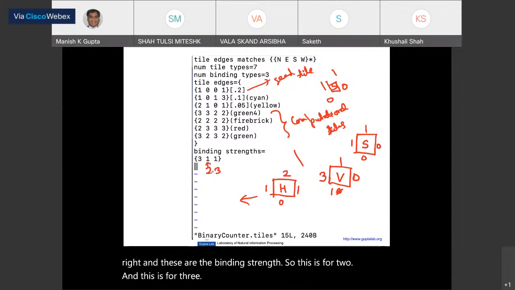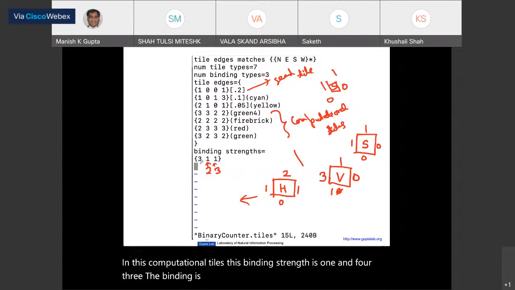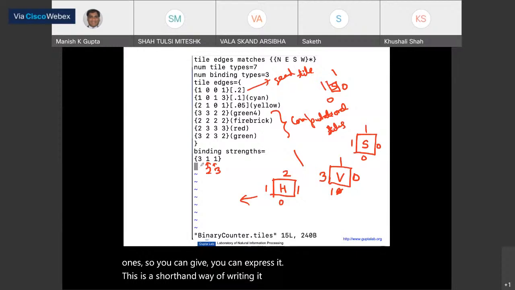For the 2 symbol in these computational tiles, the binding strength is 1, and for 3 the binding strength is 1. Okay, and the 3 is for the other ones. This is the shorthand way of writing it, but you can write different ones.